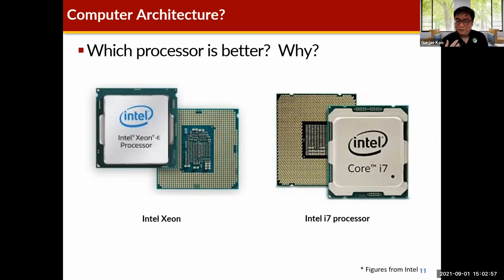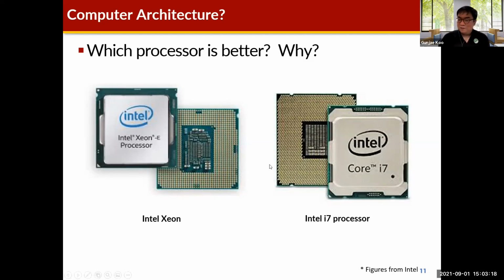Intel Xeon and the Intel i7. What is a Xeon processor? Xeon processor is used for server computers, and i7 is a high-performance, high-end CPU, but the i7 is used for laptop and desktop computers.